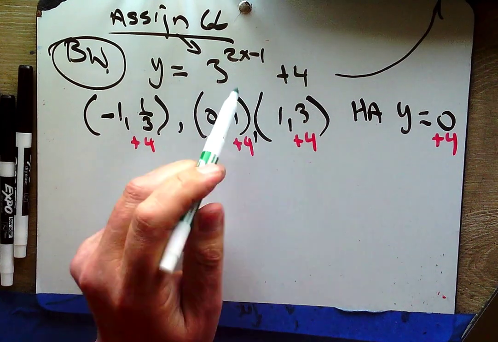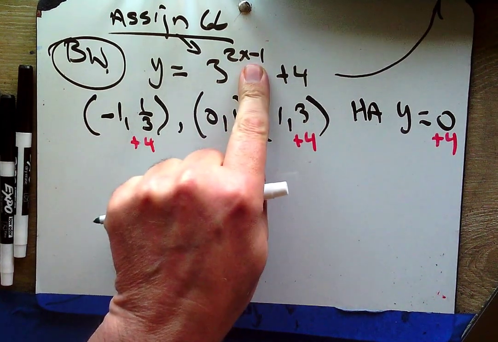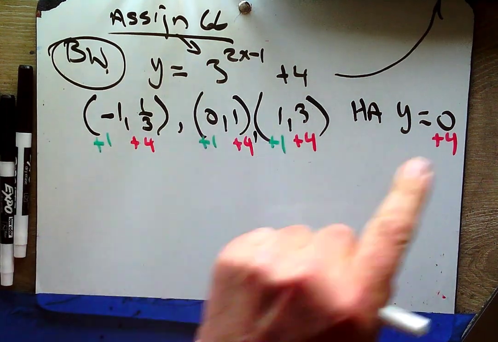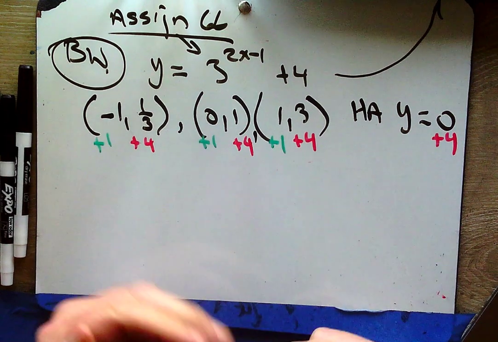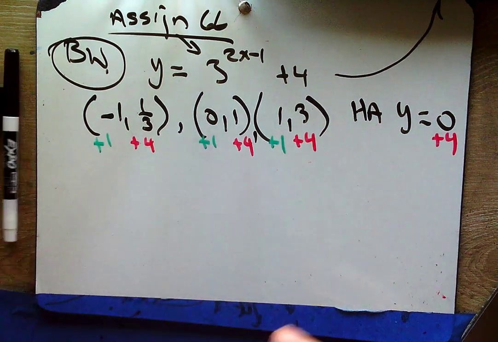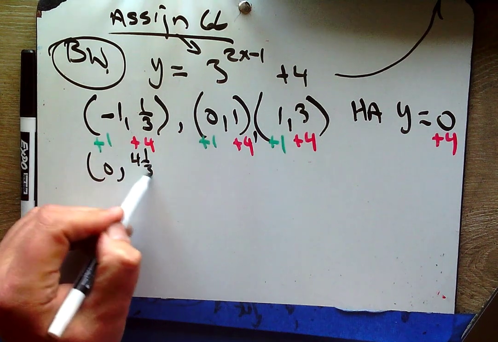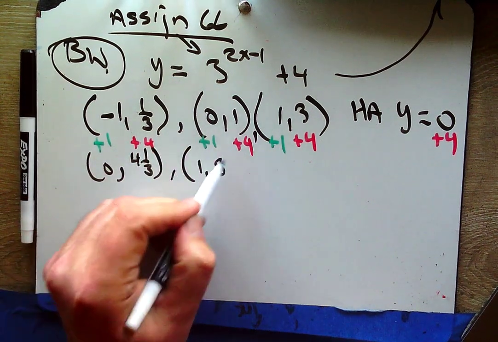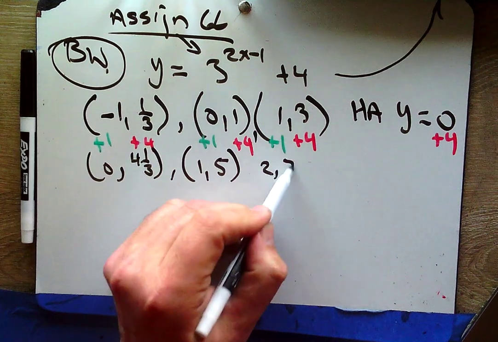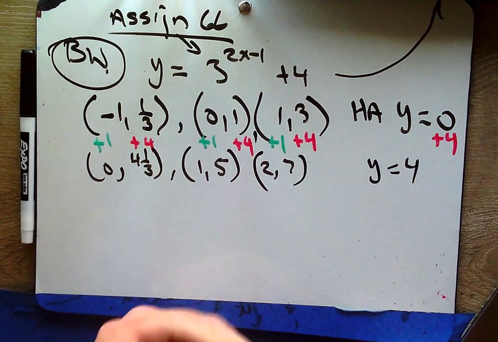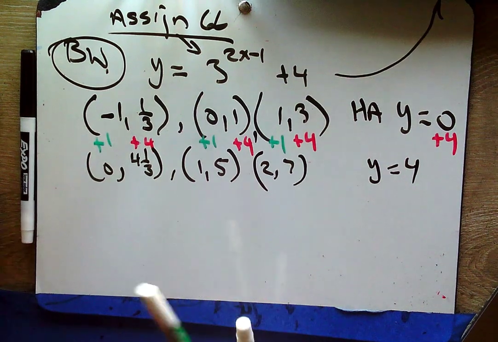Since inside is opposite land and I'm doing SATMEP here, I'm going to have to add 1 to all the x's. That's not an x, so I don't have to do anything there. So my intermediate points will be 0, 4 and 1/3, 1, 5, and 2, 7. Don't forget over here we have y equals 4 for our horizontal asymptote.